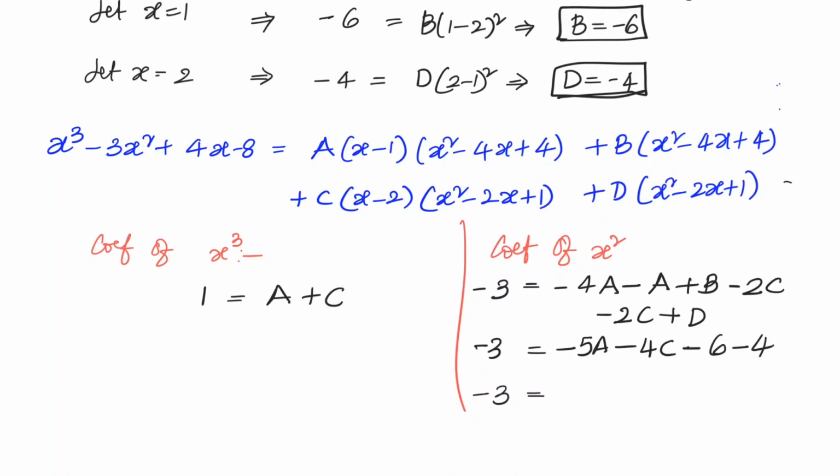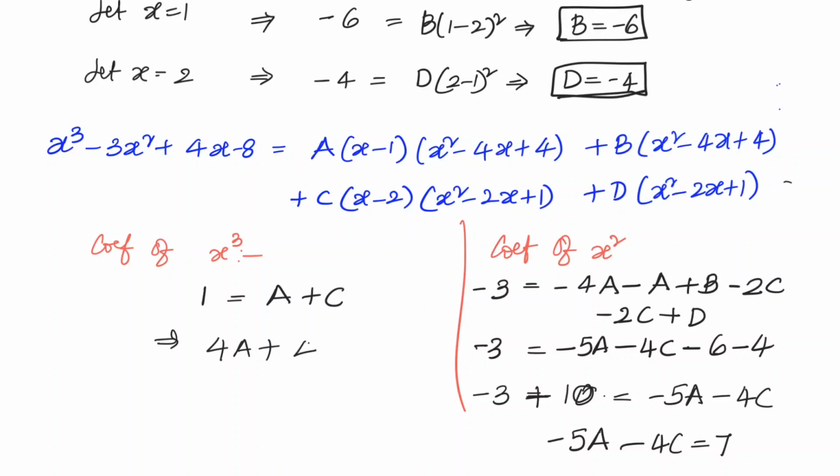Now we know that a plus c equals 1 and minus 5a minus 4c equals 7. Why can't we multiply a plus c equals 1 by 4 so that we can cancel the c terms? So we will have 4a plus 4c equals 4, and we also have minus 5a minus 4c equals 7. Adding them, c cancels out.